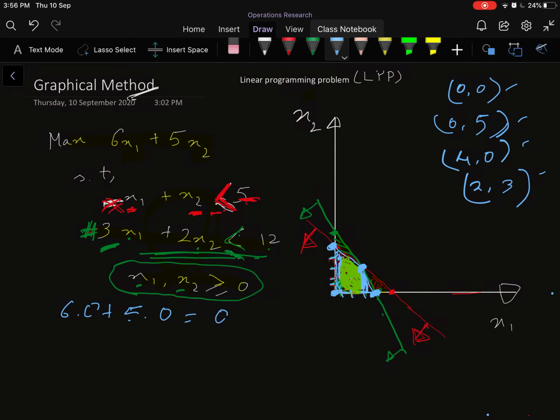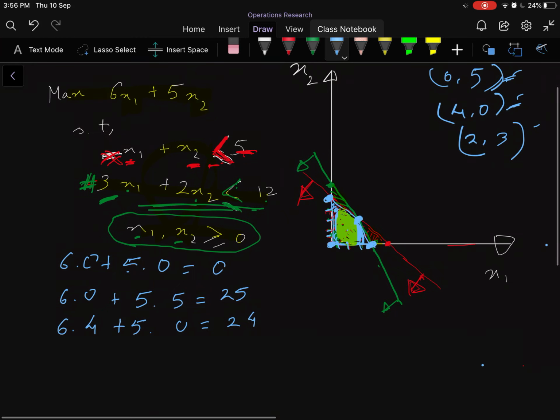Fine. For the second corner point, what would be the value? 6 into 0 plus 5 into 5, that would be equal to 25. For the third corner point, that would be 6 into 4 plus 5 into 0, which is equal to 24.